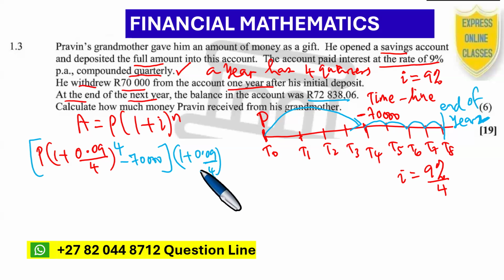Right, we have the following. You have exactly the following. So now the next year means that it's going to stay for another 4 terms, another 4 quarters. It's going to stay for another what? Another 4 quarters for the next year.